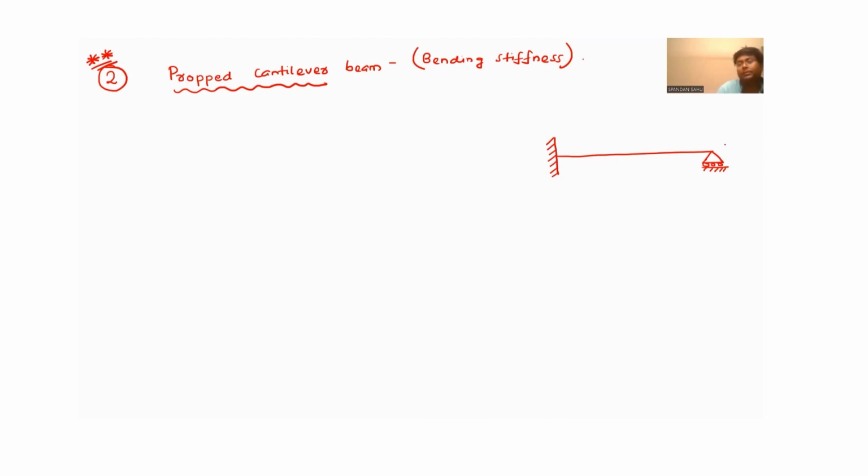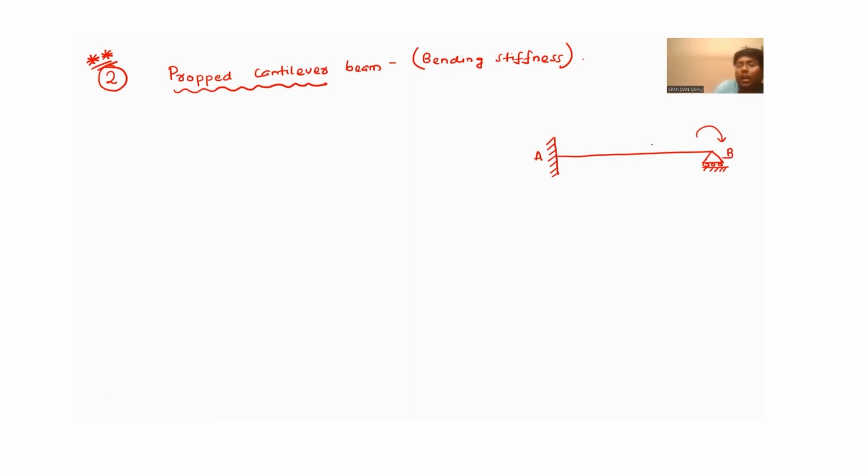Yeah, correct. If the member is rigid, then 1, because there is only one beam, so there is no translational motion for this joint B also. So let this be point A, let this be point B.